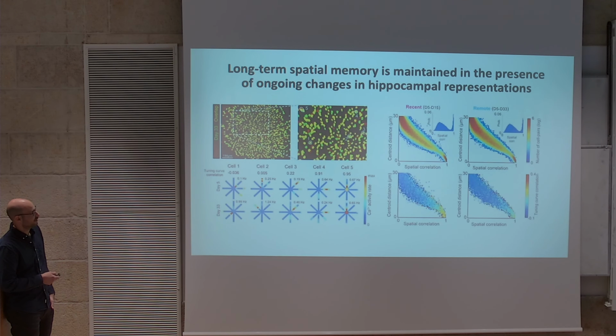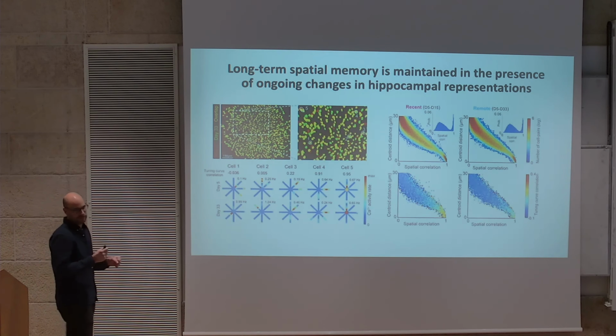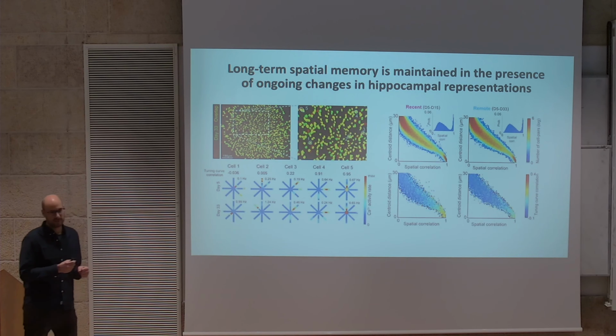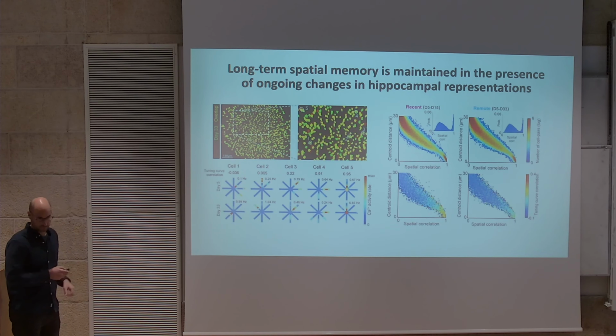This is just one example. We can also quantify the probability, if we look at pairs of cells from different sessions that are candidates to be the same cells, up to a distance of 15 microns.